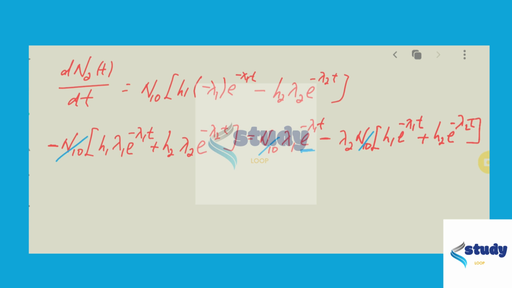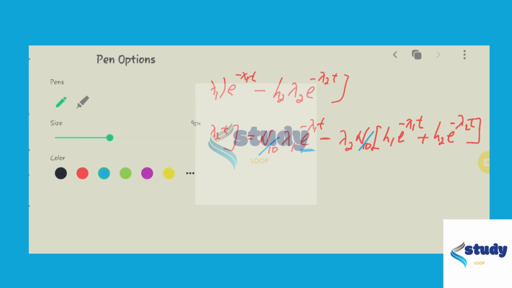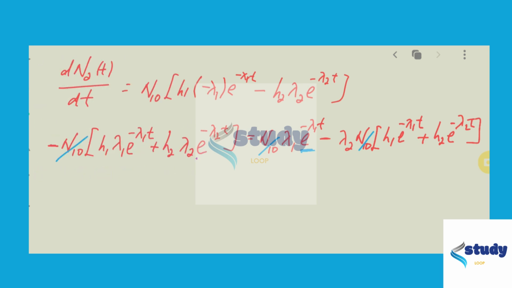Then we can try to bring the terms of exponential negative lambda 1 t to one side, and we're also going to bring all the terms with exponential lambda 2 t to the same side, just gather them together.